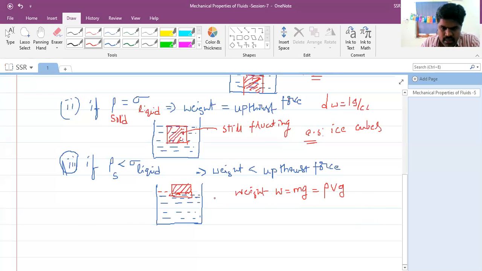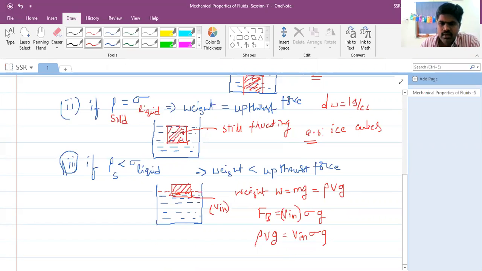Take V in as the immersed volume. Then the upthrust force Fb is V in into sigma into g, since only that much volume displaces liquid. Then W equals Fb, upthrust force. That implies rho V g is equal to V in into sigma g.